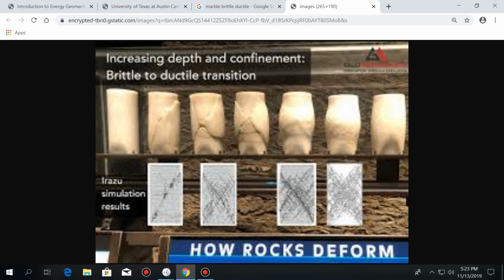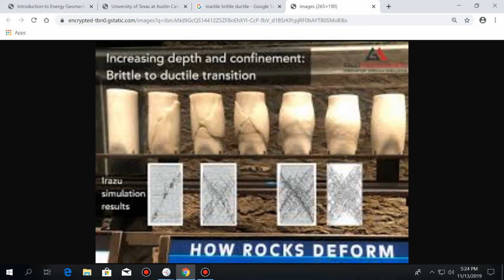Something very important to take into account here too is that the notion of breakouts implicitly assumes that you have brittle failure, because you are assuming that there is a well-defined failure plane and the rock is going to fall into the wellbore with the drilling cuttings as you're drilling. But if you have plastic deformation around the well, you're not going to have breakouts. You could have plastic failure or plastic deformation around the wellbore, but no breakouts if you are in a ductile or strain hardening mode.